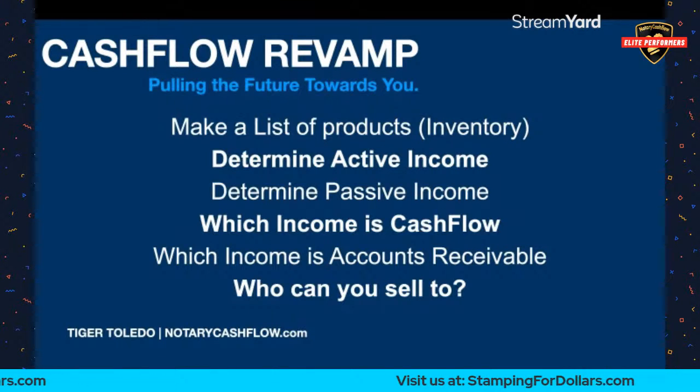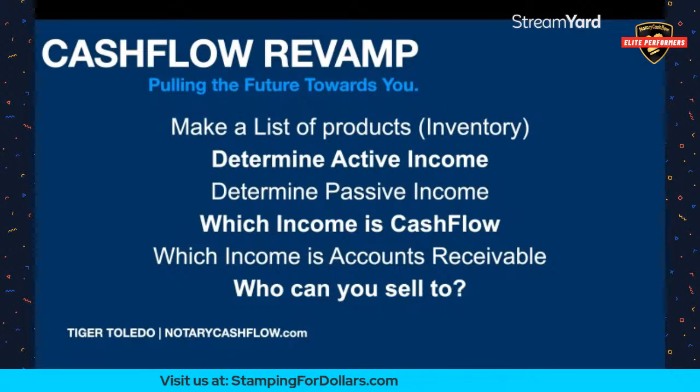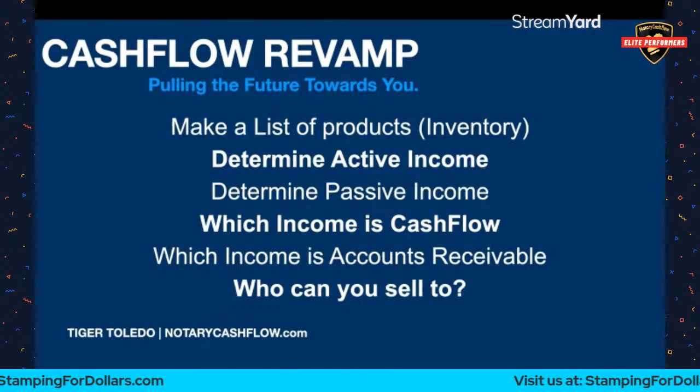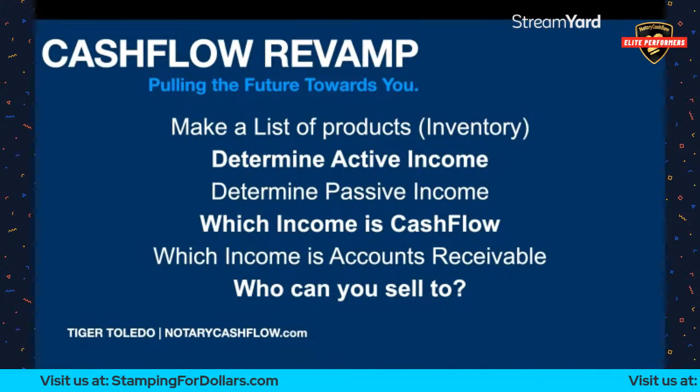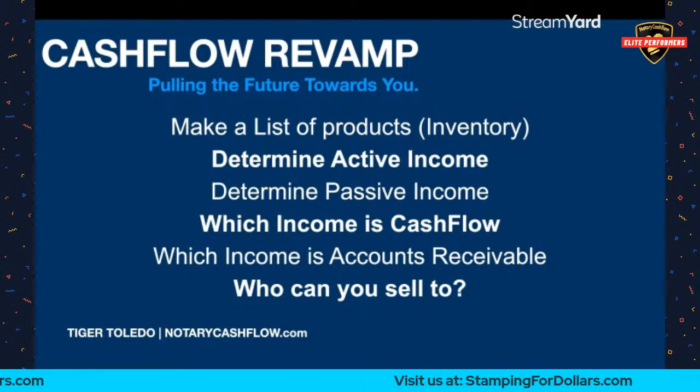Then you're going to determine what your passive income is. If you don't have any passive income, we need to explore some passive income things that you can do to generate.